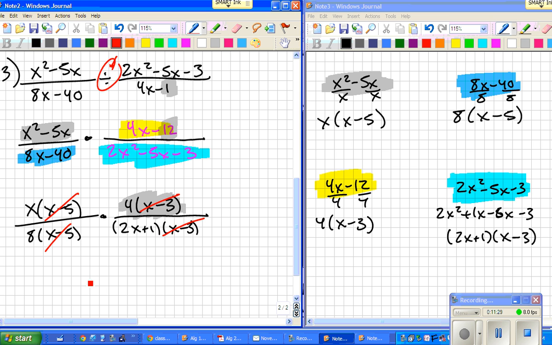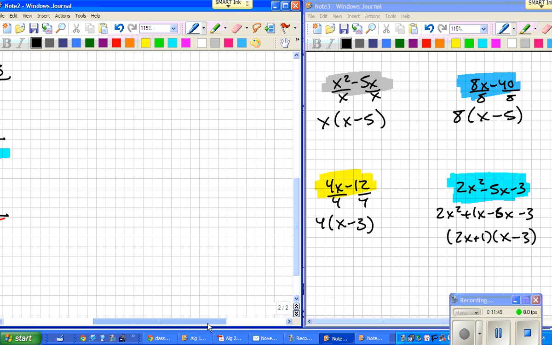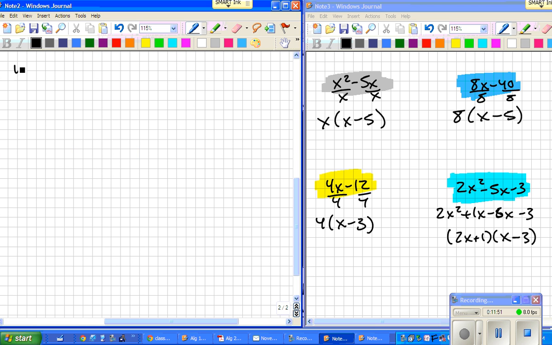Your x minus 5 and your x minus 5 cancel. 4 over 8 reduces to 1/2. So on the top, we're left with x, and on the bottom, you're left with 2x plus 1. Okay? So guys, pay very close attention when you're doing these problems.